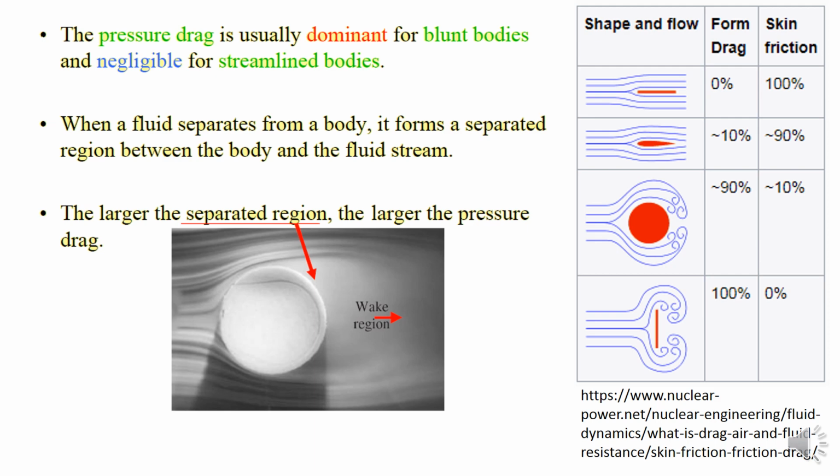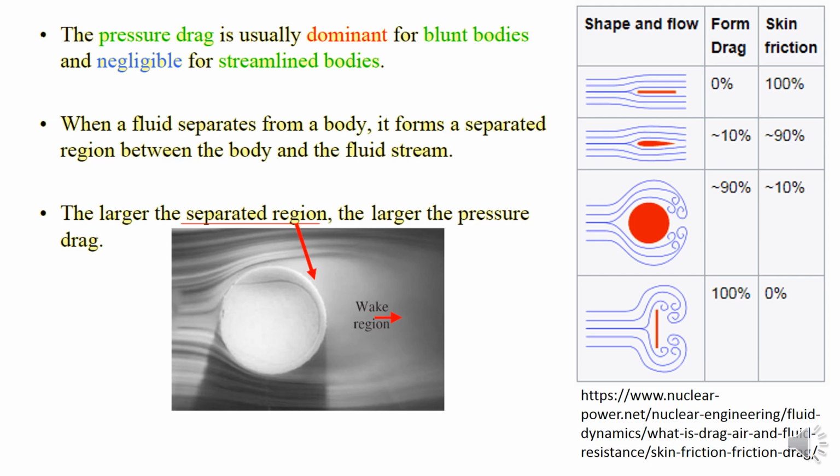The example is from the figure on your right hand side, the first figure and the third figure. When a fluid separates from a body, it forms a separated region between the body and the fluid stream. The larger the separated region, the larger the pressure drag. You can see in the figure, the red arrow shows where the separated region is. After the separated region, there is a wake region, which is the circulation.